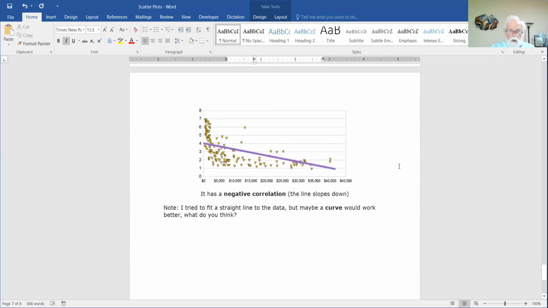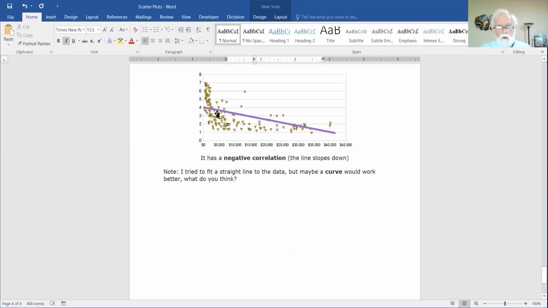So an example here might be birth rate and income. We find that the data are very clear that in higher income countries, the birth rate is lower than in lower income countries. So this is not exactly, this straight line that's been drawn through here.